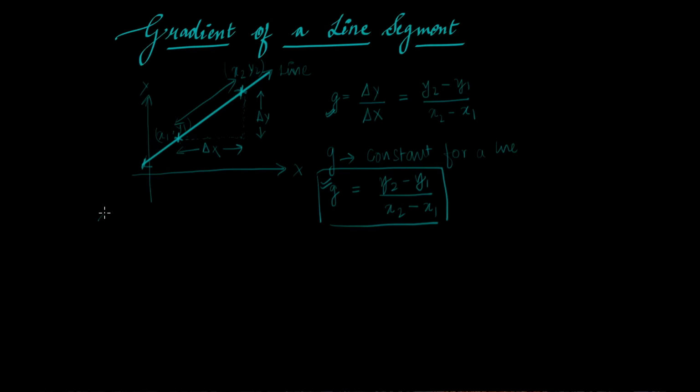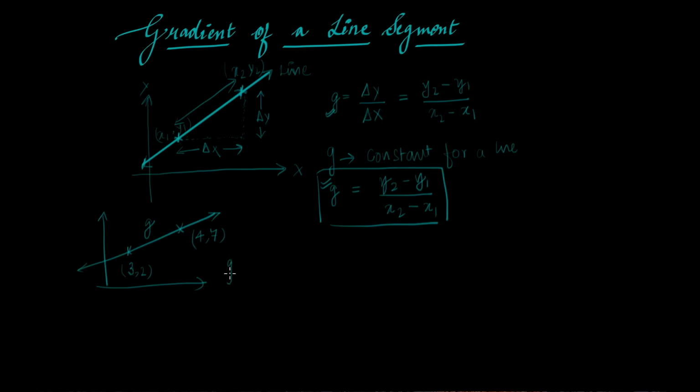So, say our line is like so, and it passes through 2 points. One of them is (3, 2), and the other one is (4, 7). And we want to ask ourselves, well, what is the gradient of this line?